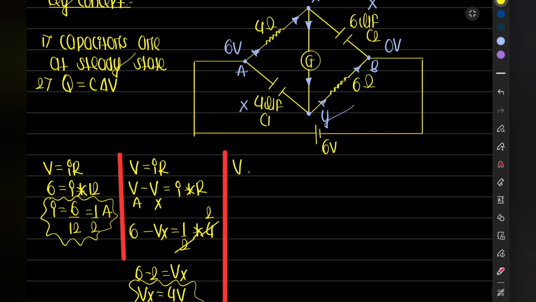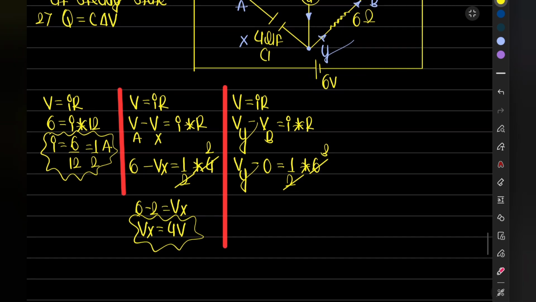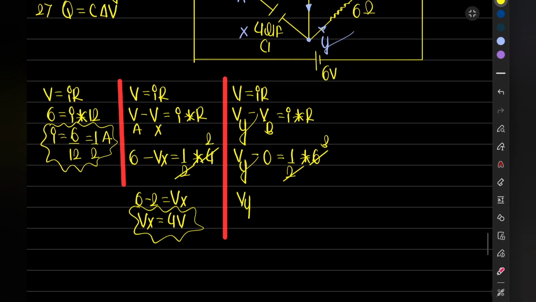Again the formula is V equals I into R. This time it will be Vy minus Vb equals I into R. Vb is 0, current is again 1 by 2, and resistance is 6. So 2 threes are 6, and we got the value of Vy as 3 volt.